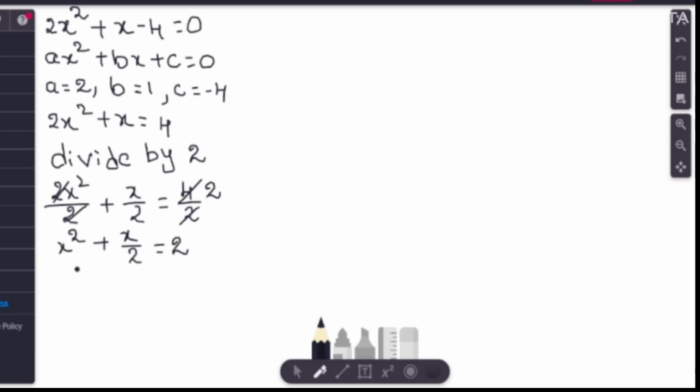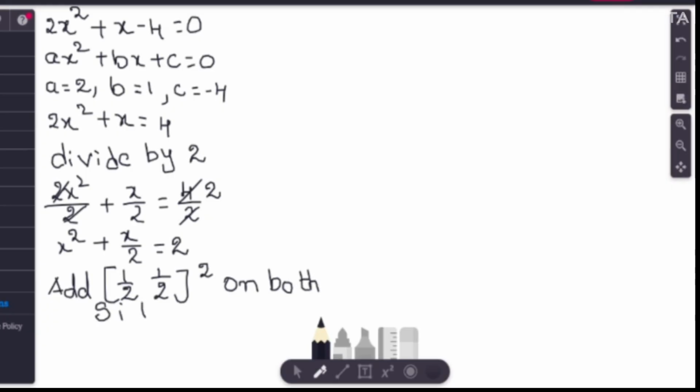Okay, after that, here we got this equation. After that, add half b by a on both sides. Half b by a whole square. B is 1. A is 2. Whole square on both sides.